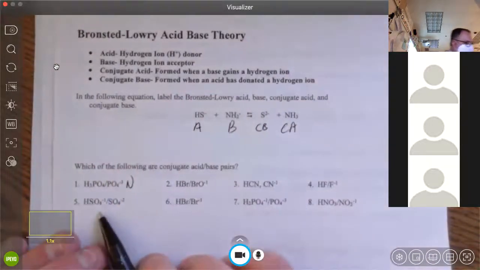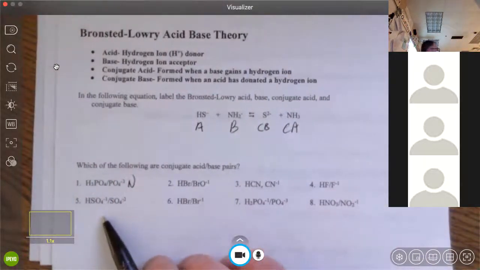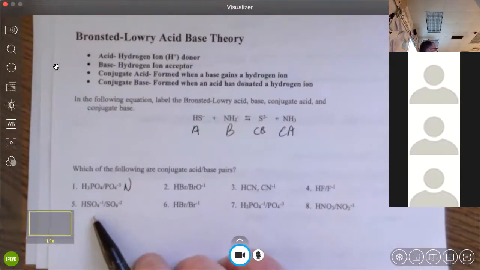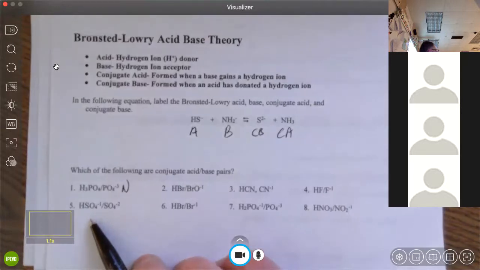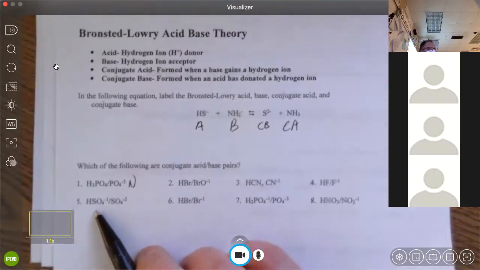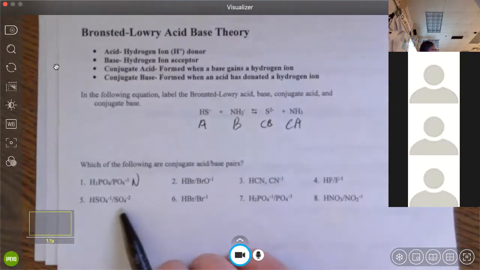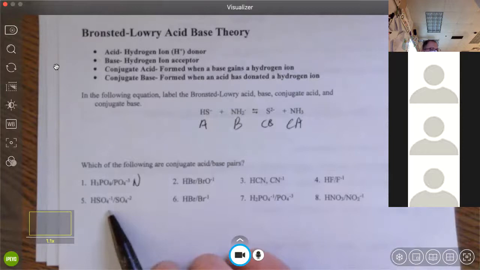How about here? HSO4 negative 1 and SO4 negative 2. Is the only difference between those an H? Well, let's take a look.